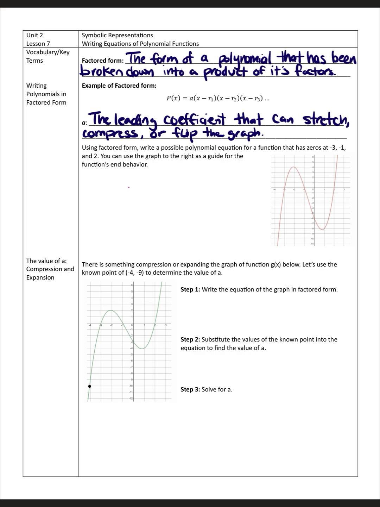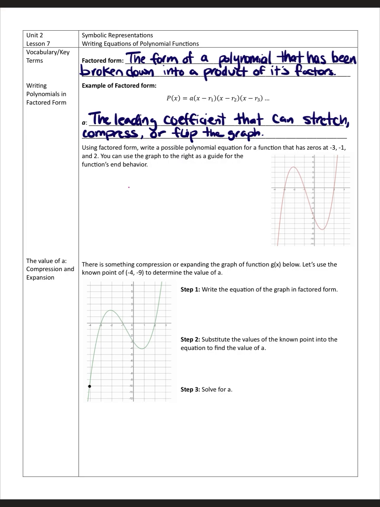So, using factored form, write a possible polynomial equation for a function that has zeros at -3, -1, and 2. You can use the graph to the right as a guide for the function's behavior.